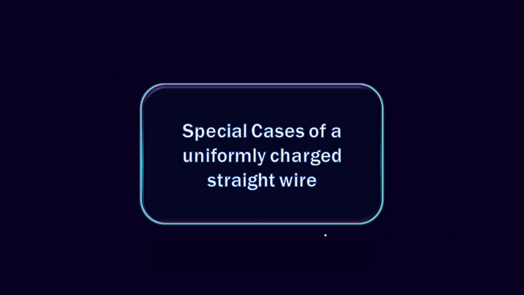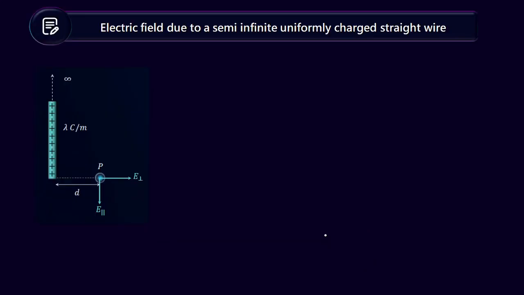Okay. Now there are some special cases in the case of a uniformly charged wire. The cases may be if the wire is infinitely long or semi-infinitely long. So what is semi-infinite long? We will consider all the cases. Here we have the electric field due to a semi-infinite uniformly charged straight wire. Your wire is a straight wire, and we know one end of the rod, but the other end we don't know.